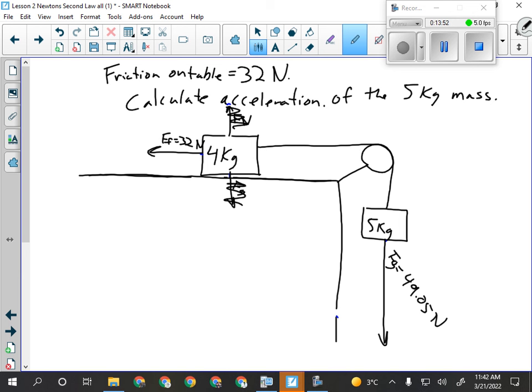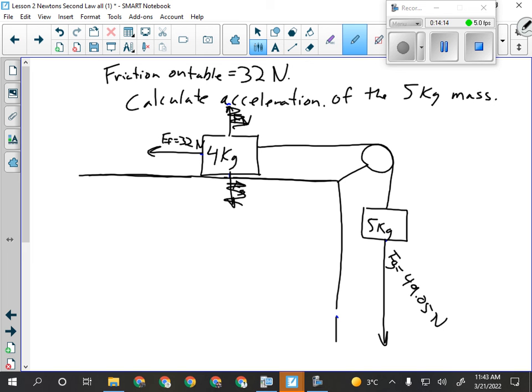That's the key part of this. Acting on the system, not the 5 kilogram mass. That's the common mistake that's made if I word the question this way. Everybody gets focused on the 5 kilogram mass and they forget that the whole system, all 9 kilograms, has to move, has to be accelerated, is being acted on by the net force, whatever that happens to be. Okay?